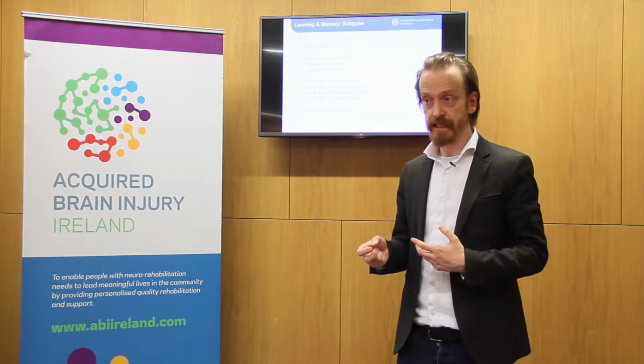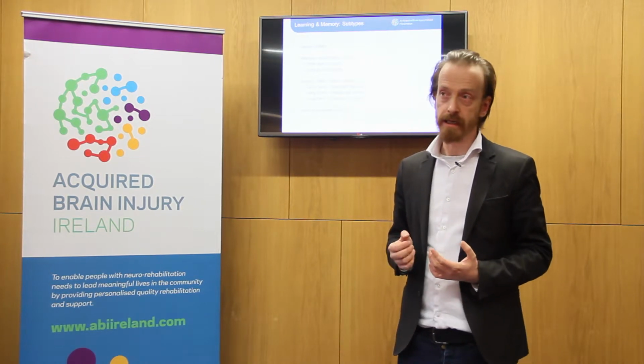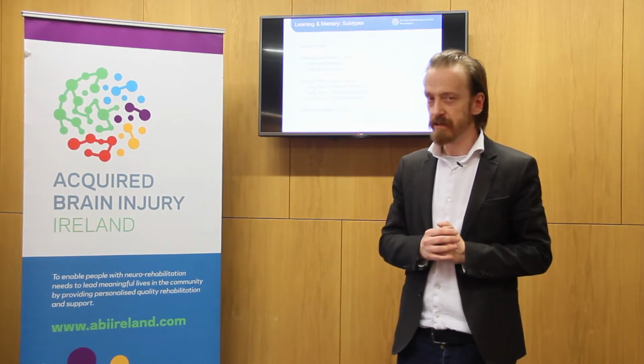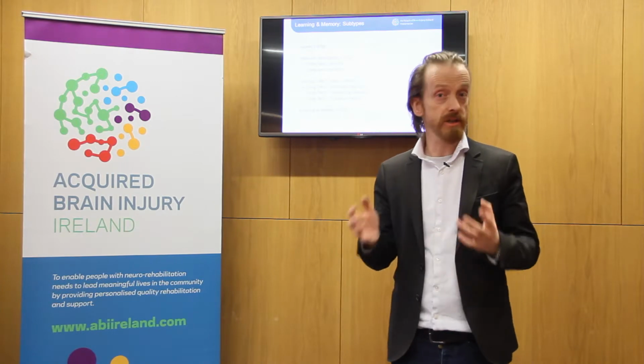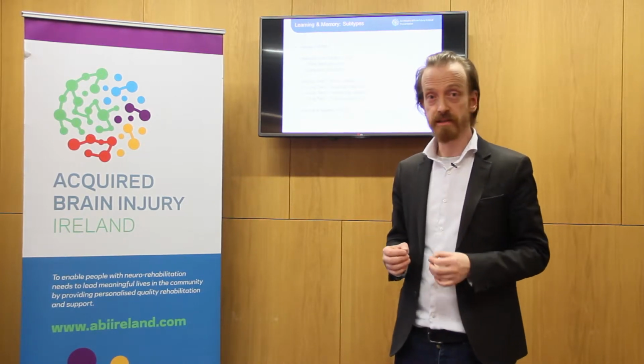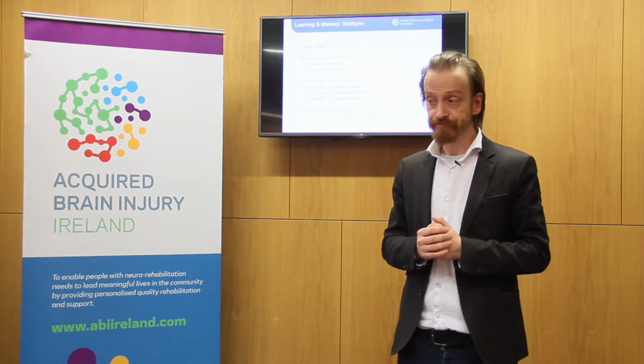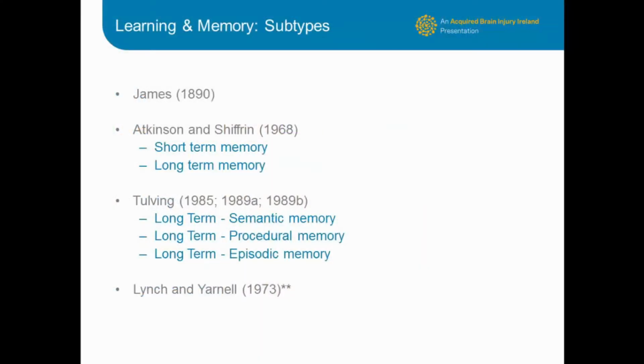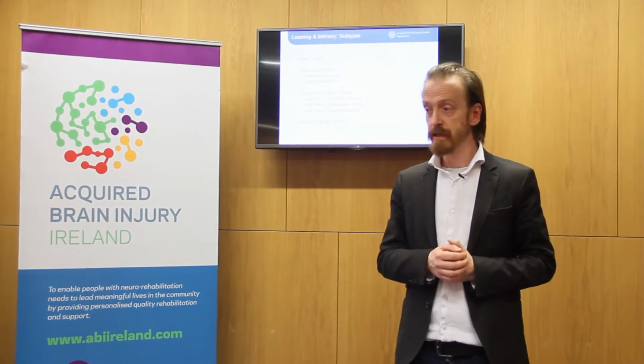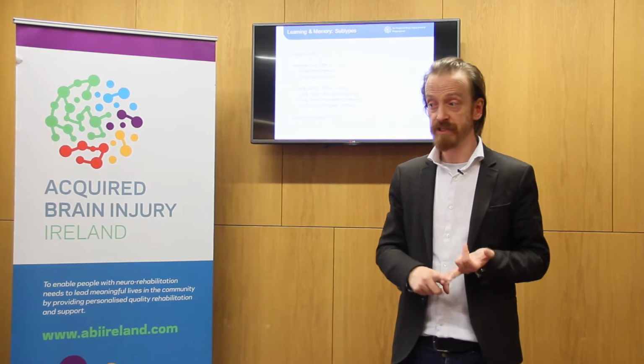So making tea, riding a bike, driving would all be considered that kind of procedural memory. Or martial arts would be a good example as well, because it's heavily involved in body movement. And then the last type of memory is episodic memory, and that's the memory for the day-to-day events that happen, so our autobiographical memories, episodes essentially. So that's semantic, procedural and episodic.